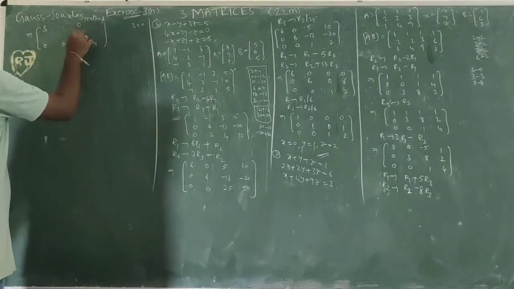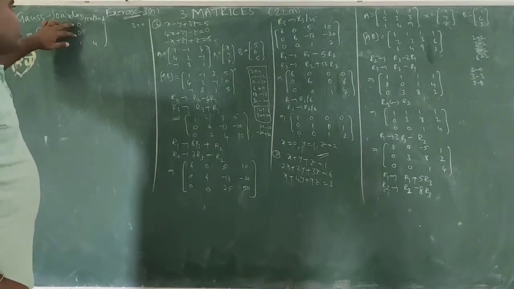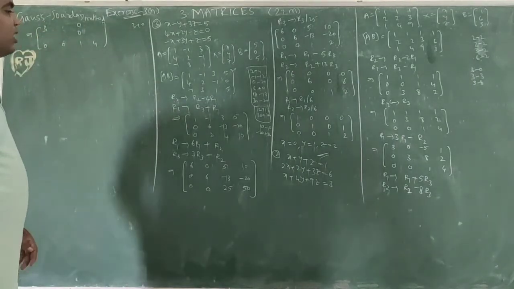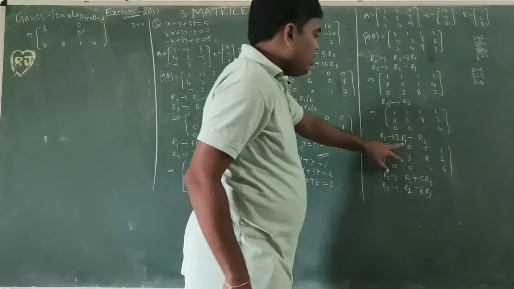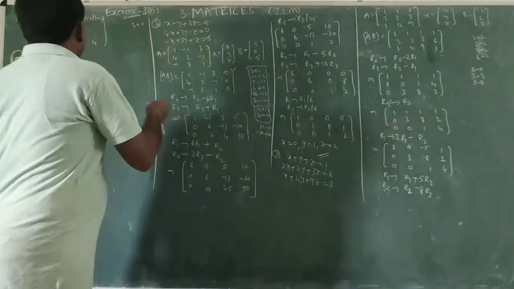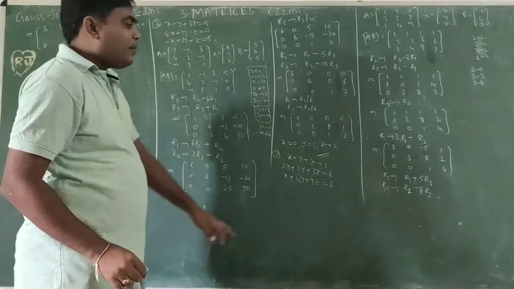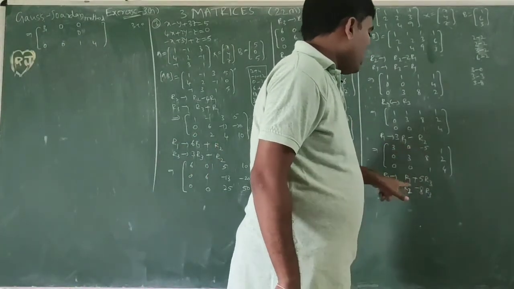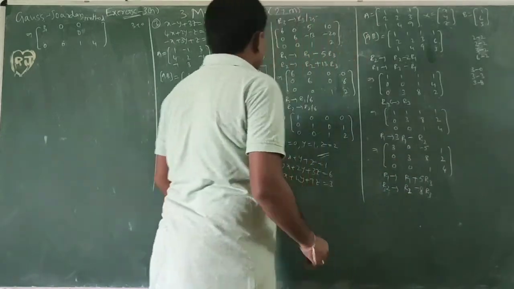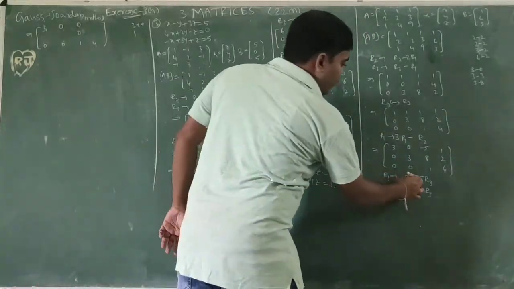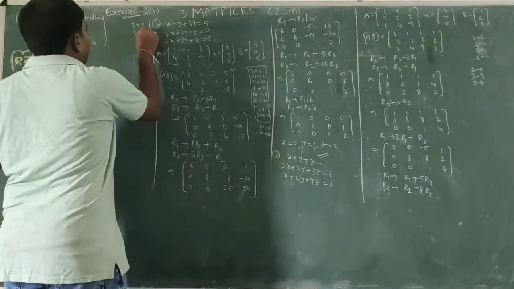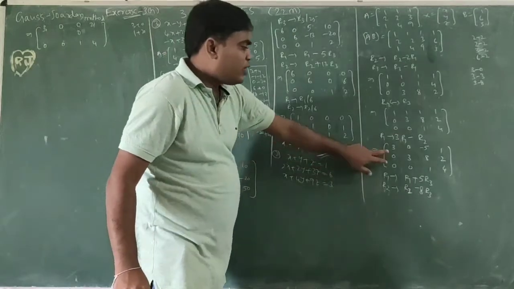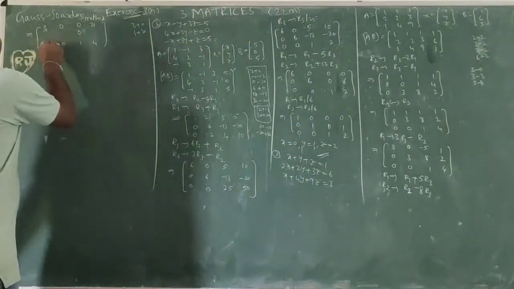These two elements are 0 because we are trying to convert them to 0, that's why we are writing that operation. Next, these two are 0, automatically equal to 0. For this, minus 5 plus 5 into 1, minus 5 plus 5, 0. Now this is 1. 5 into 4, 20. 1 plus 20, 21. Next, these two elements are 0, that's why it is definitely 0.